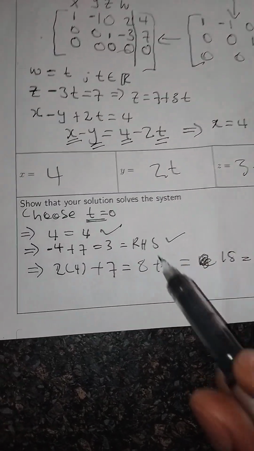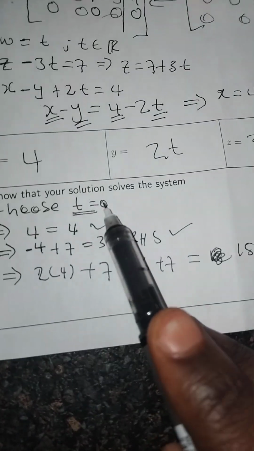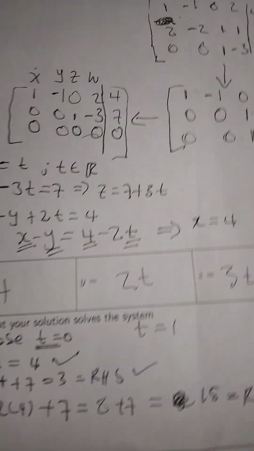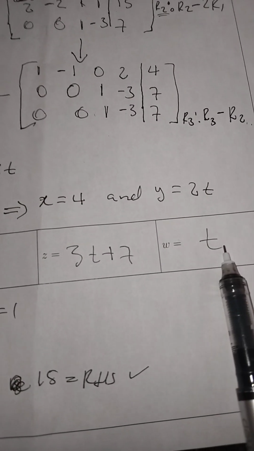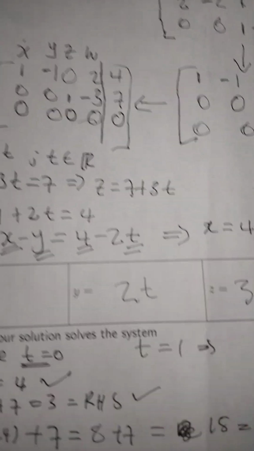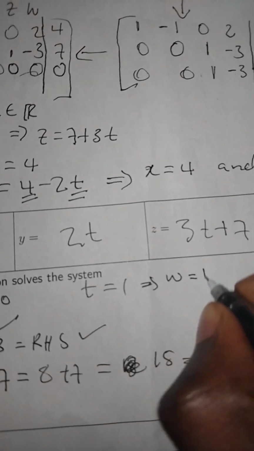Since they all depend on what t is, we can choose t to be 1 and see if that will still be the case. If t is 1, it implies w must be 1.